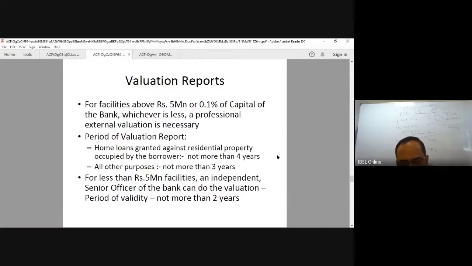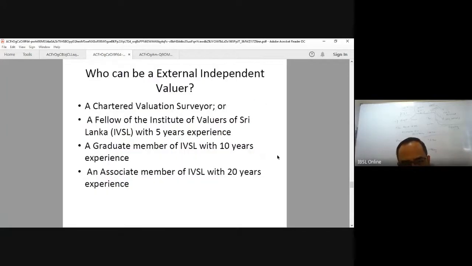And for any other purposes, for commercial purposes, if you have taken a mortgage, then the valuation is valid for 3 years. So for facilities less than 5 million, of course, somebody independent in the office of the bank can do the valuation. That valuation can be valid for 2 years. This is the central bank's guideline on the valuation of the assets, properties, that you are taking as security.